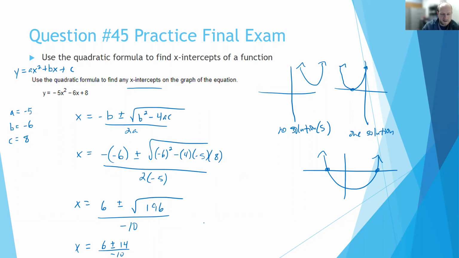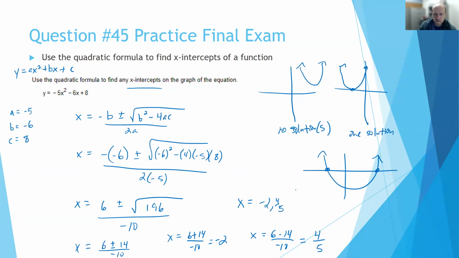And then you have x equals 6 plus 14 divided by -10, which is equal to -2. And you have 6 minus 14 divided by -10, which is -8 over -10, a positive 4/5 as it reduces. So really your two answers are -2 and 4/5.